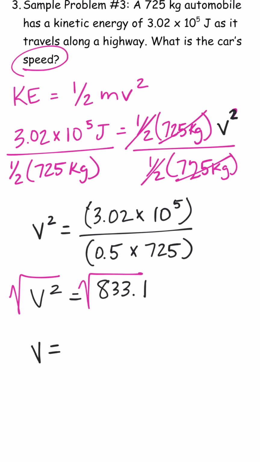v equals. Now to put this into my calculator, I need to use the second button and then the x squared button. Because right above the x squared, there is a little blue square root.